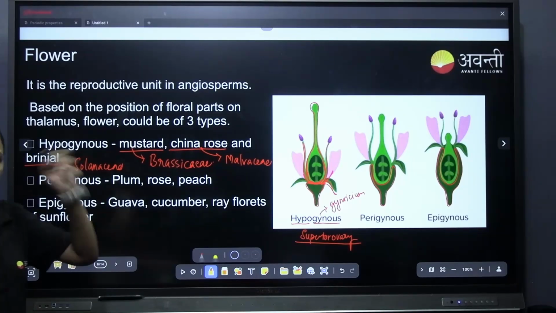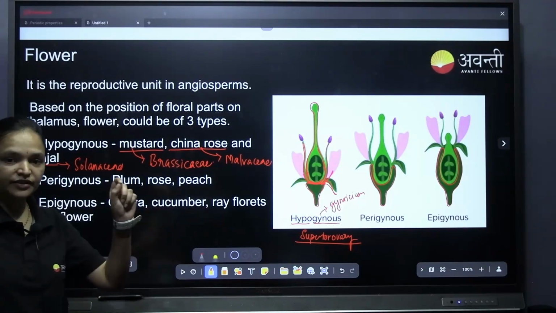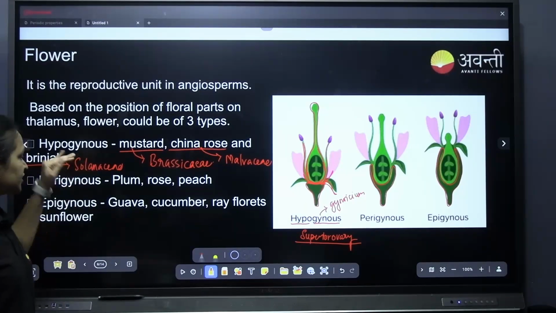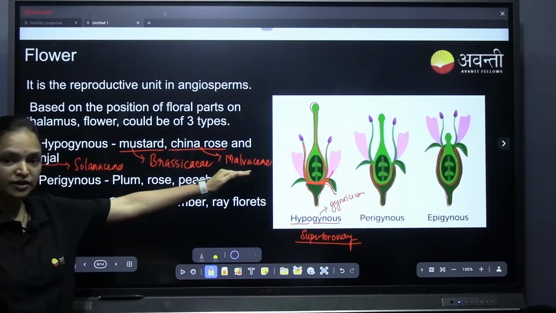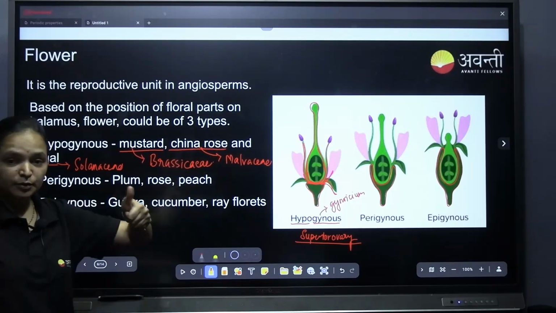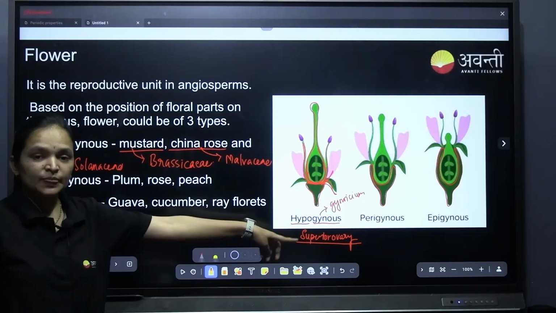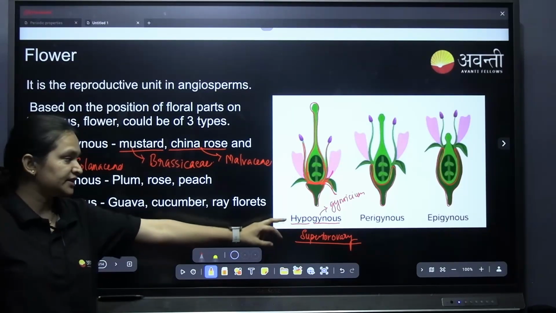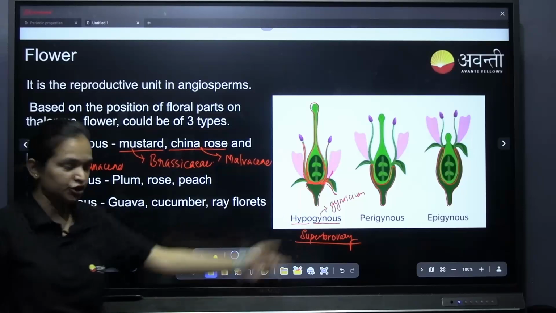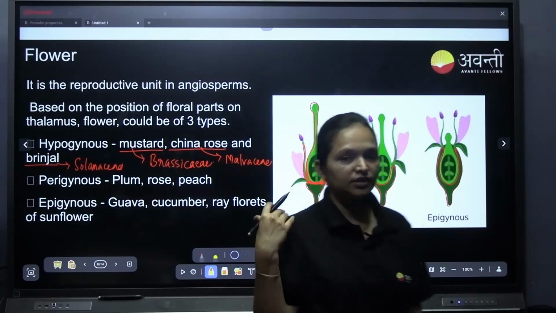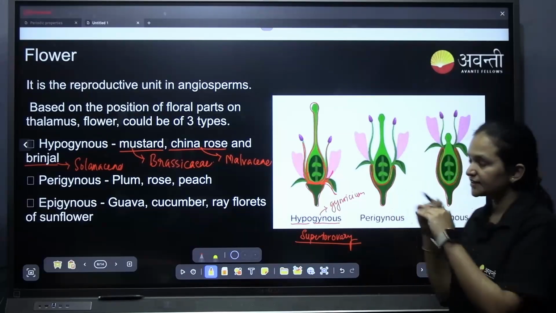When we learn about the floral structure, you will get to know why we call it a superior or an inferior ovary. Here, in Solanaceae, Brassicaceae and Malvaceae, three of the six families we are going to learn, we see a superior ovary, otherwise called the hypogynous condition.